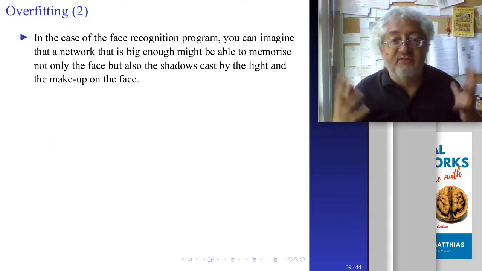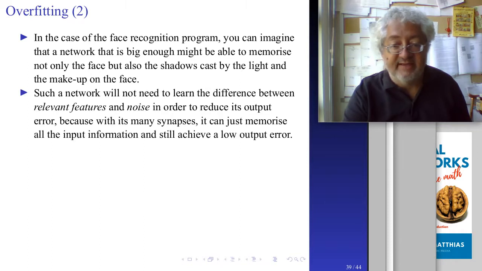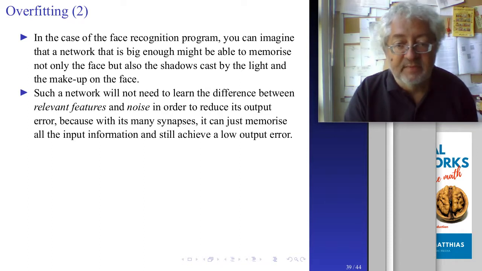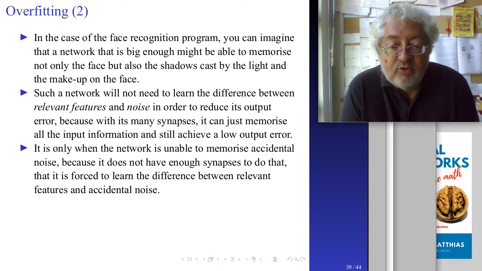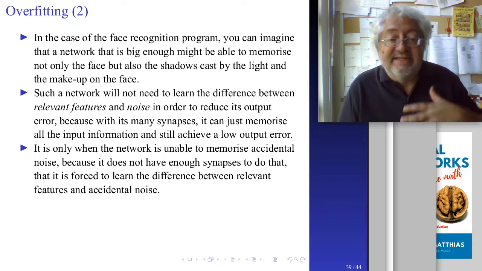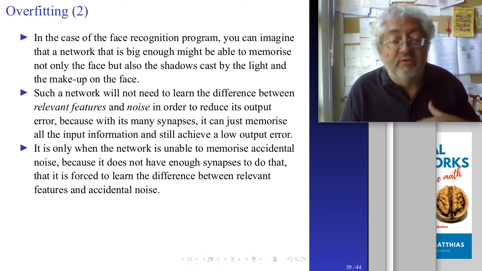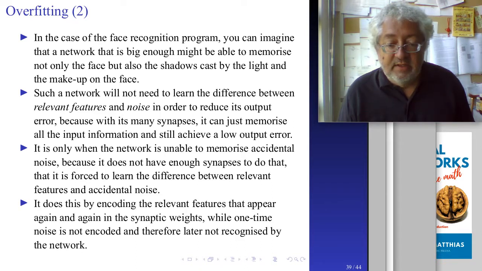A network that is too big just memorizes everything, and then it has not learned to generalize, right? It's only when the network is unable to memorize accidental noise, because it does not have enough synapses to do that, that it is forced to learn the difference between relevant features and accidental noise. Otherwise, it never learns that, and then it is a bad neural network.